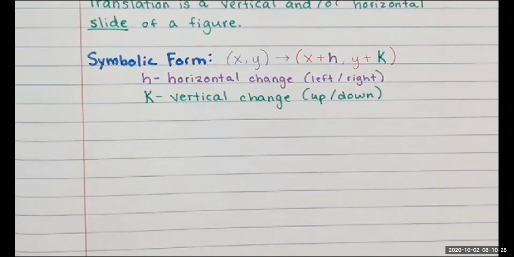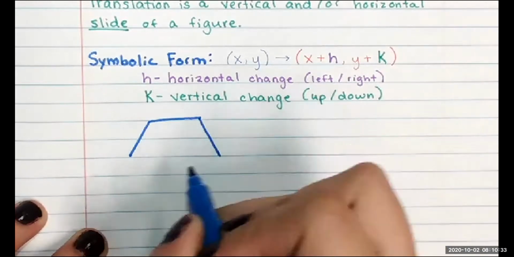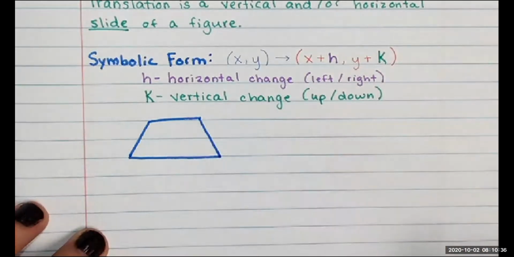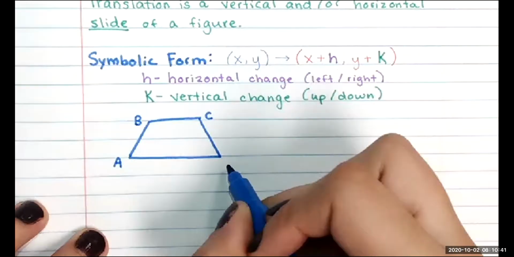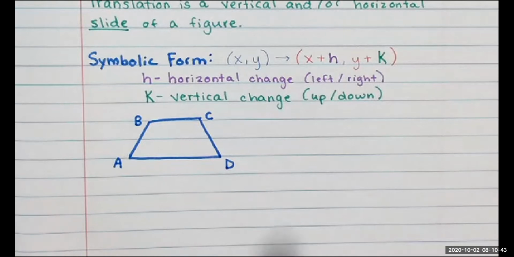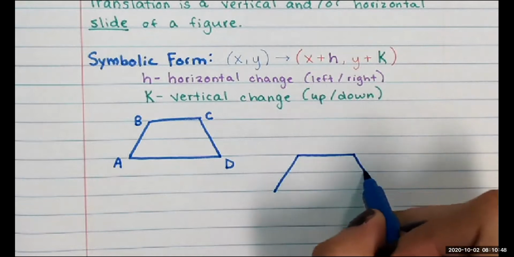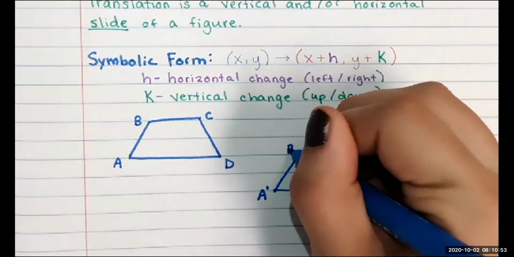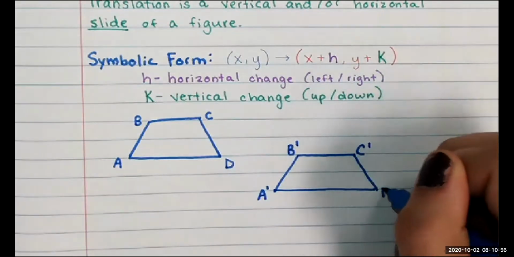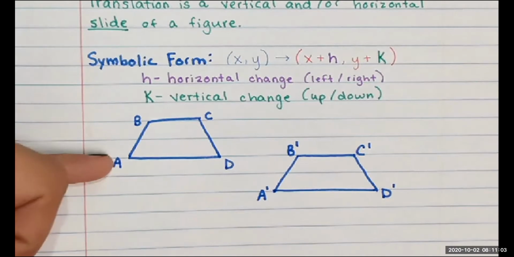So when we take a look at a translation, we start out with some polygon. I'm going to call this A, B, C, D. If I were to move it over here, giving me A prime, B prime, C prime, D prime, there's going to be an up and down to it because A started up higher and ended up lower.